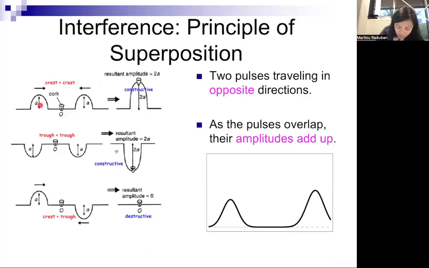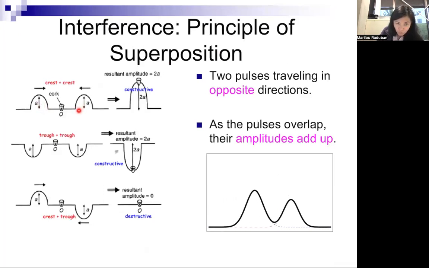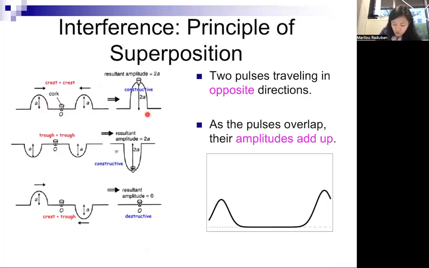Now, if the two pulses meet such that their crests overlap, then their amplitudes will add up constructively, and that results in a higher amplitude, a bigger amplitude, and we call that constructive superposition.